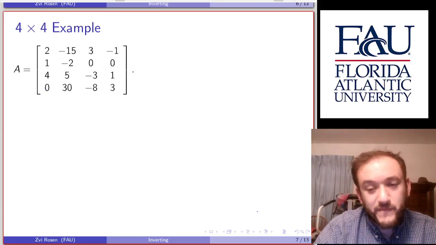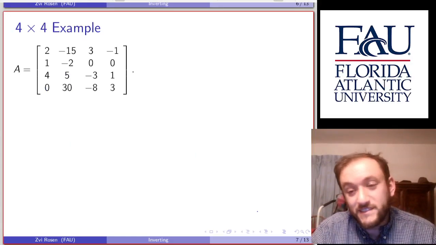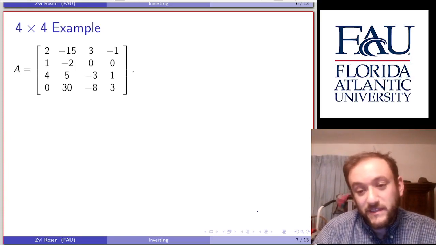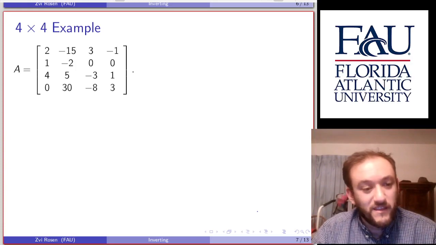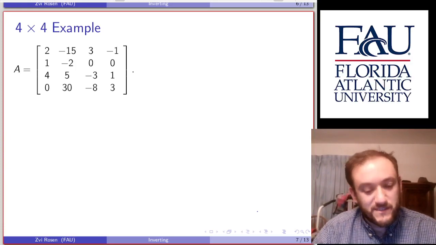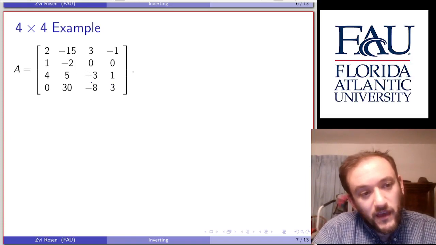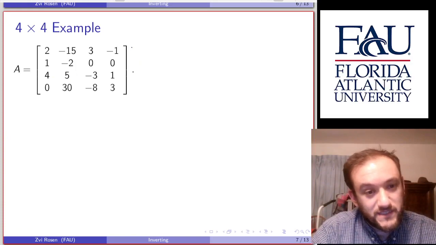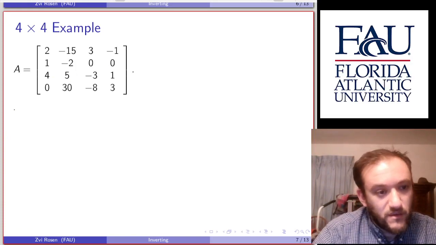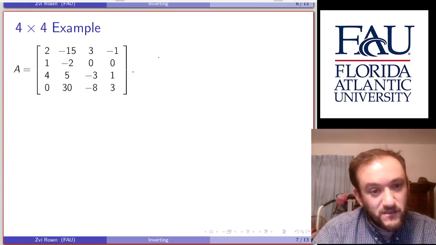Okay, so we've done a 3x3 example with great difficulty, so let's be really masochistic and try a 4x4 example as well. I know you guys are always eager to see examples, so let's give this one a shot. The first thing I see is I want this one entry on the top, so I'm going to swap these two. First of all, to start, we want to set up our augmented matrix.